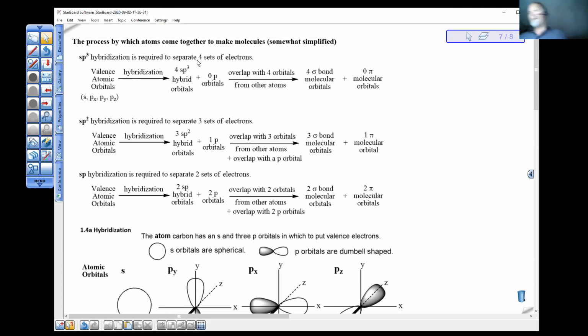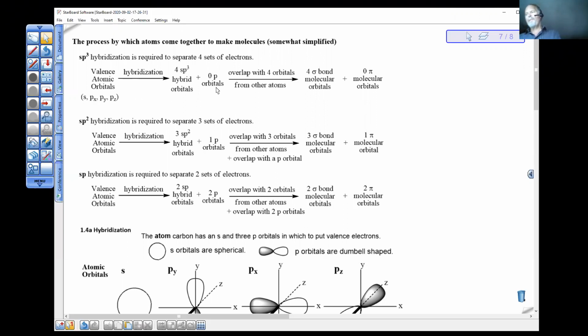I'm going to hybridize all 4 of my orbitals, and I'm going to get 4 hybrid orbitals called, here's their name, sp3. So what do you get when you use 4 atomic orbitals? You get 4 hybrid orbitals. What's the name of them? Well, the name is based on all of the names you use to get there, an s and 3 p's.